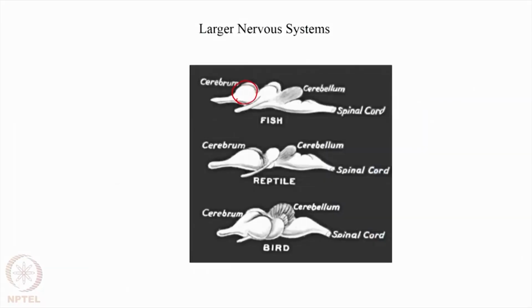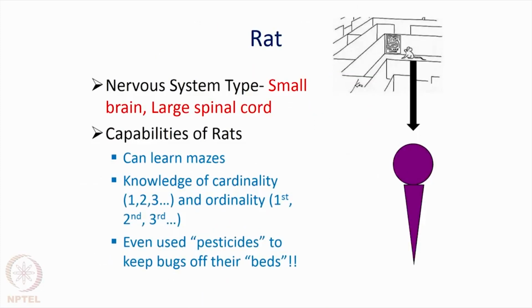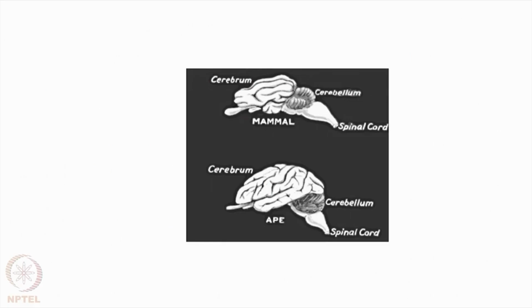So, if you look at the cerebrum in an organism which is below the mammalian branch, right, it looks very smooth, well rounded, whereas the cerebrum in mammals starts showing all these convolutions, these folds.